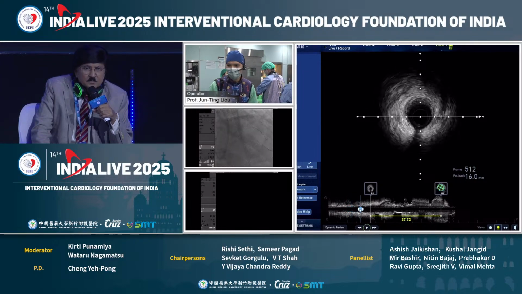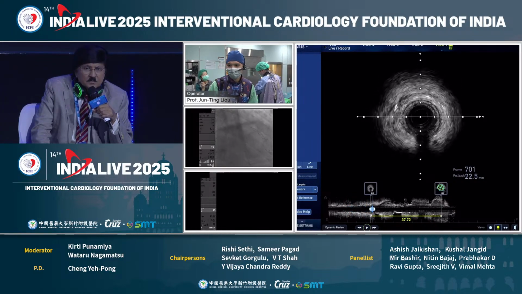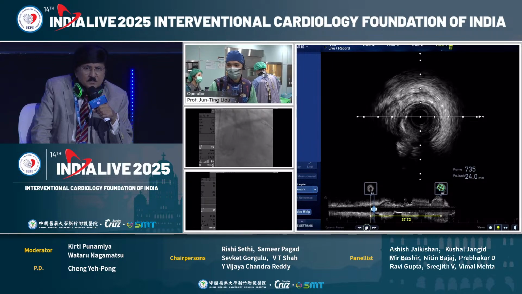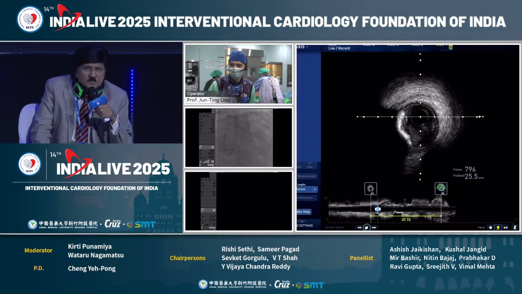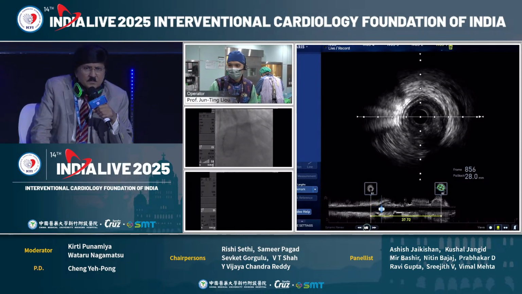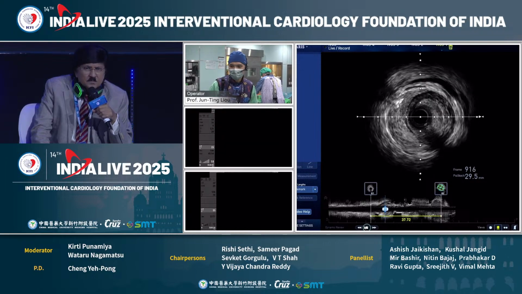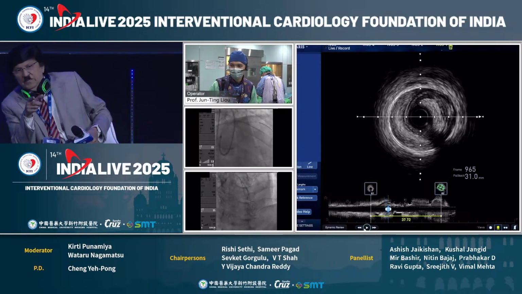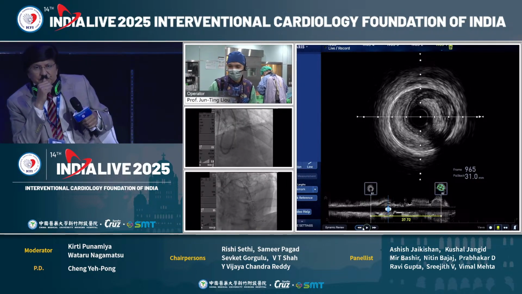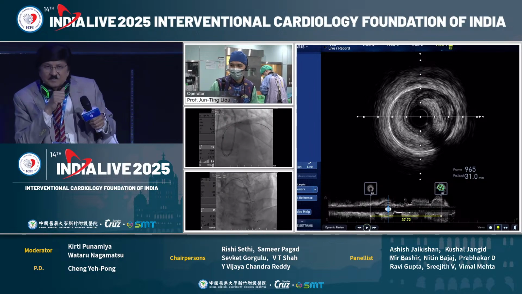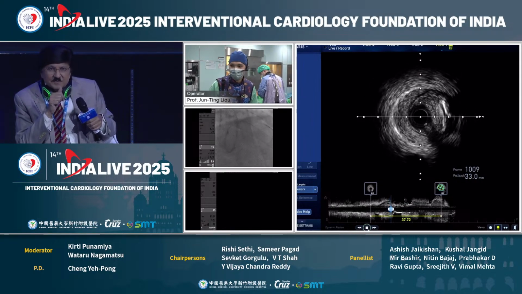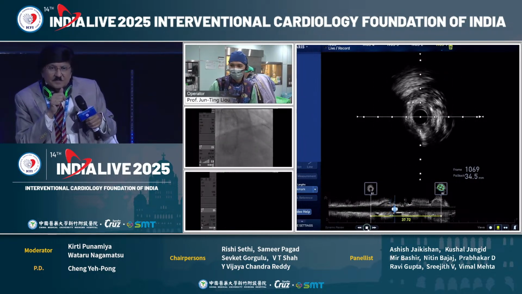When it goes into the CTO part, there's a superficial calcification. When it goes further proximal, we can see a hematoma over the 6 to 10 o'clock direction, but our wire is still in the true lumen.